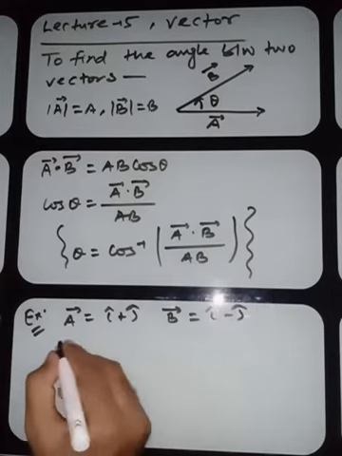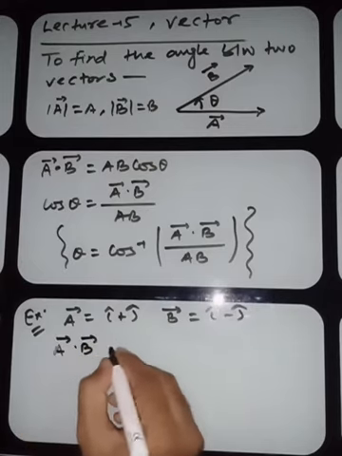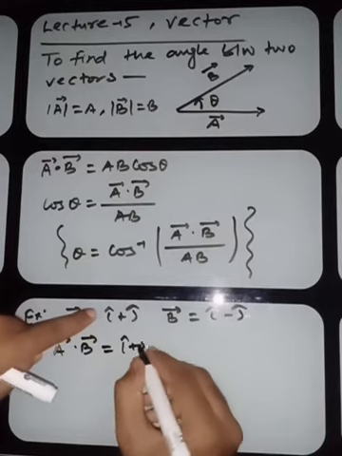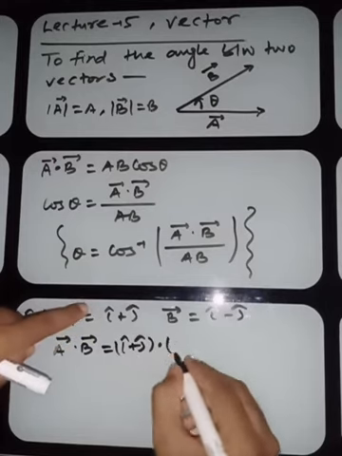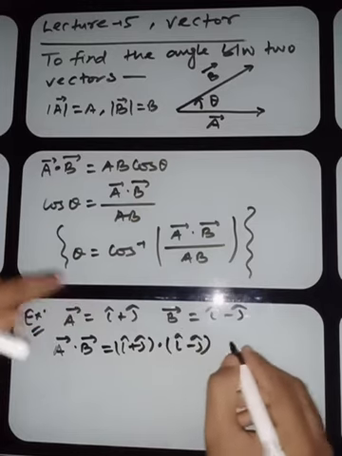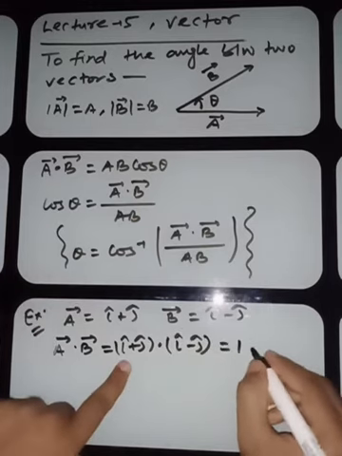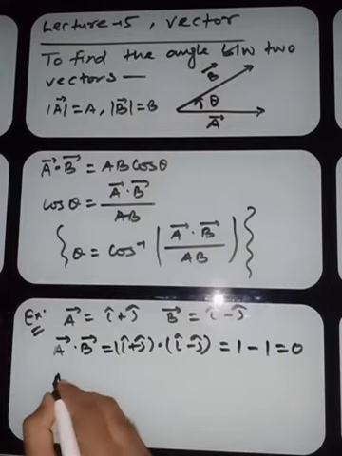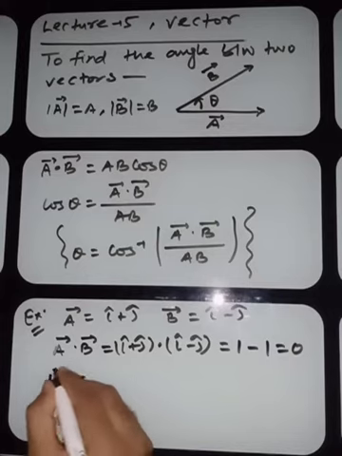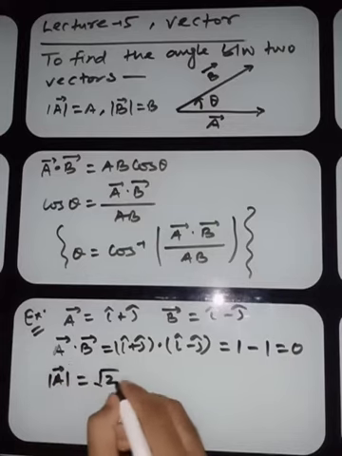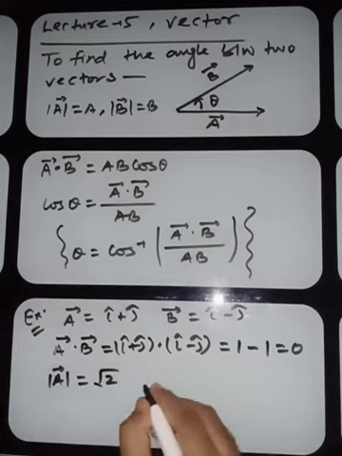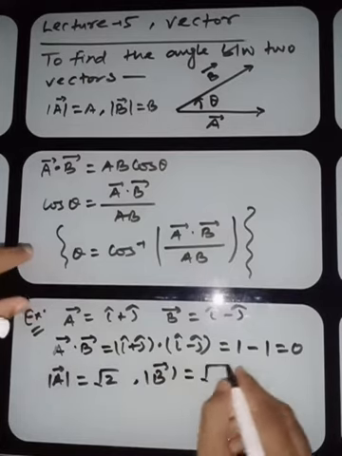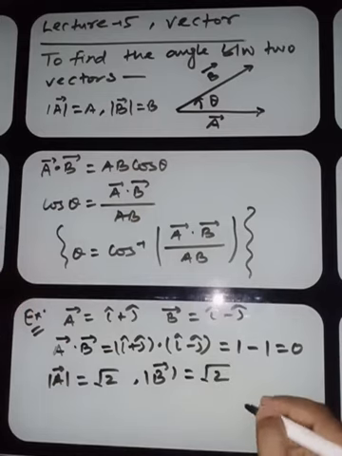Let me do the dot product A dot B here, my dear students. It will be (i plus j) dot (i minus j), which is 1 minus 1, which is 0. Now the mod of vector A will be root under 1 squared plus 1 squared, which is root 2, and the mod of vector B will again be root 2.